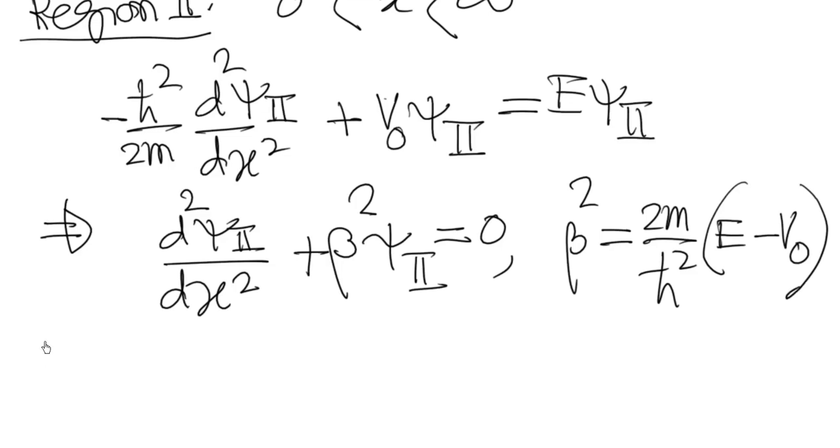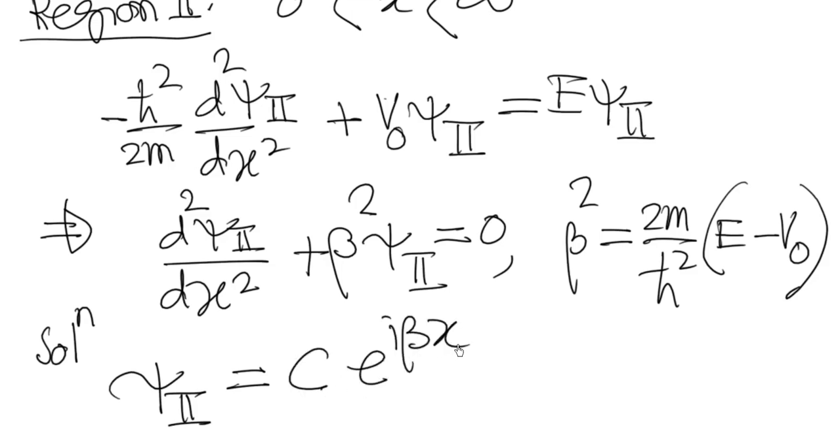The solution also has two solutions here, and we shall take only the right going one, because there is no barrier on the right of x equal to 0, so there is no question of reflection. So we have only transmission. Let us say this is C e to the power i beta x. This is psi transmission.